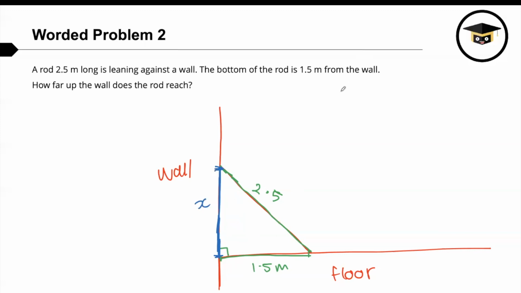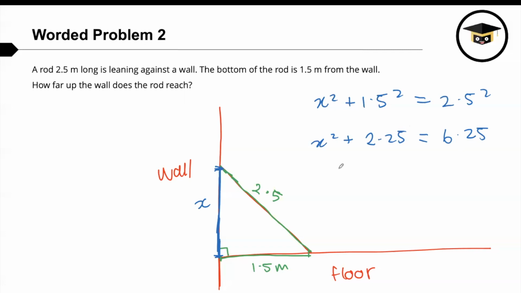So if we were to write the Pythagorean statement, it would be x squared plus 1.5 squared is equal to 2.5 squared. Now, if you enter all those numbers into your calculator, 2.5 squared is equal to 6.25. 1.5 squared is equal to 2.25, and we have x squared over here.